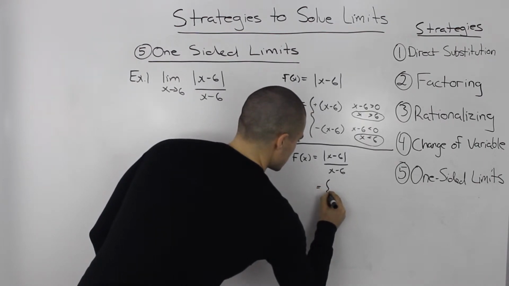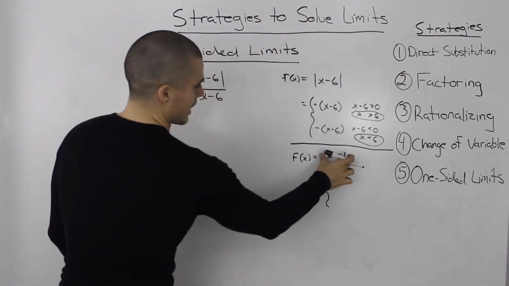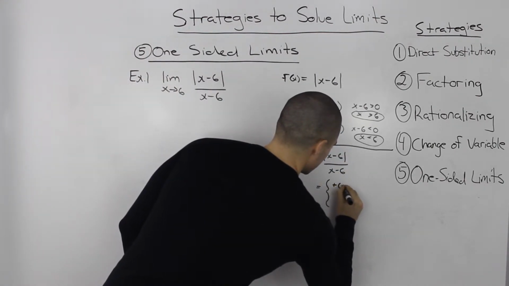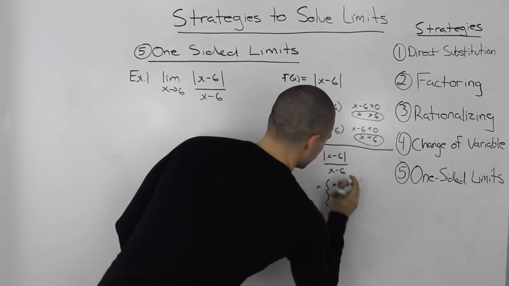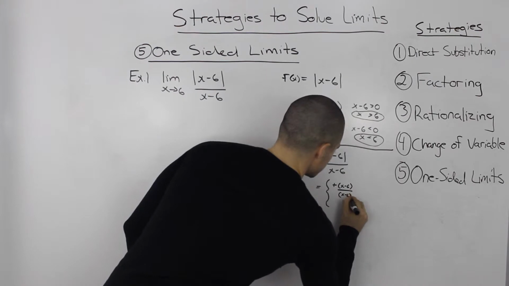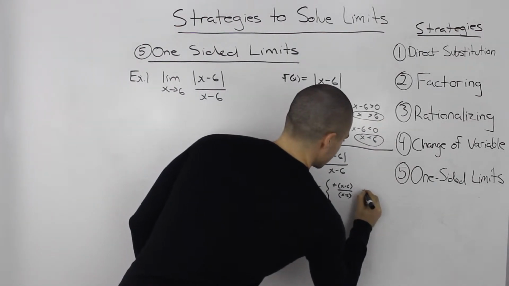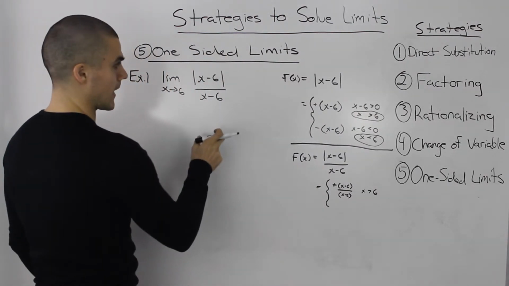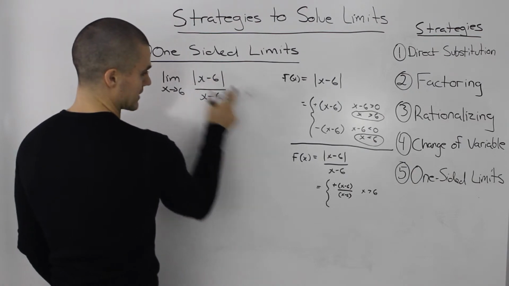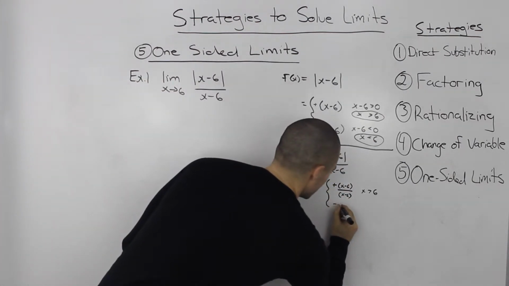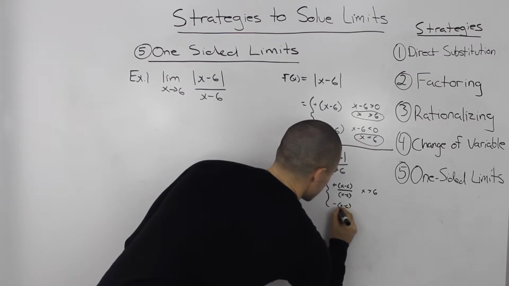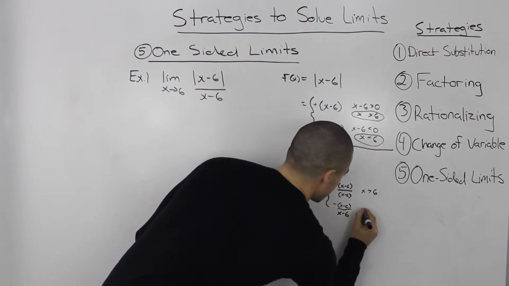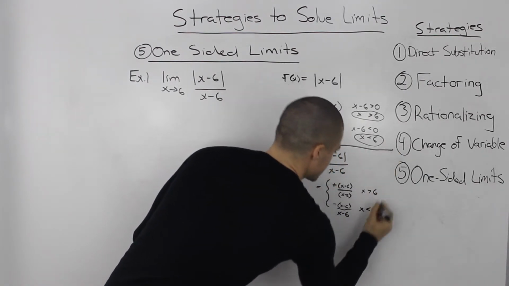If we write this as a piecewise function, the absolute value of x minus 6 is equal to positive x minus 6 over the denominator x minus 6, when x is greater than 6. And then the absolute value of x minus 6 is equal to negative x minus 6, and we rewrite the denominator as x minus 6, and that's when x is less than 6.